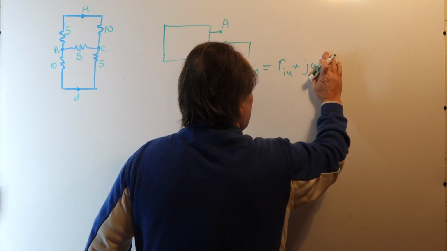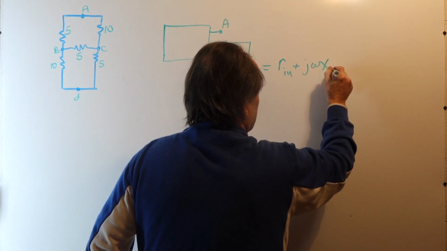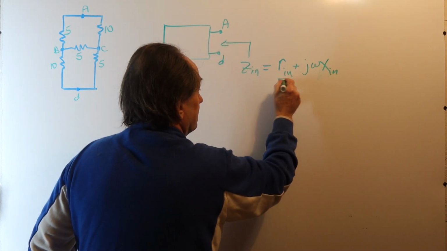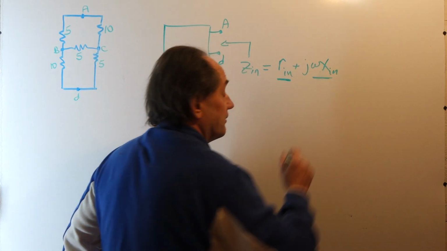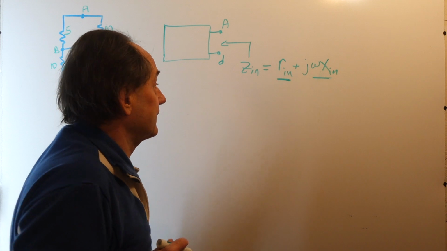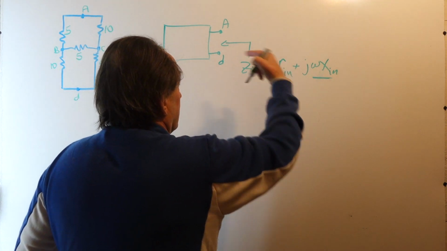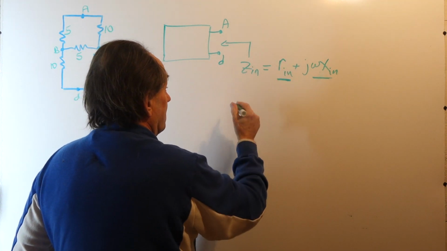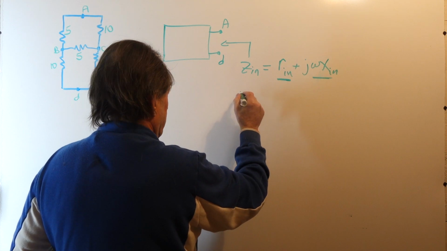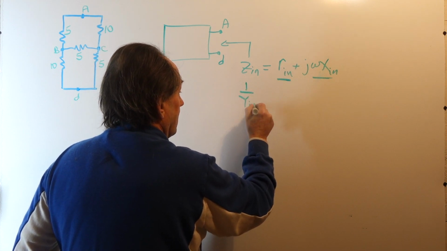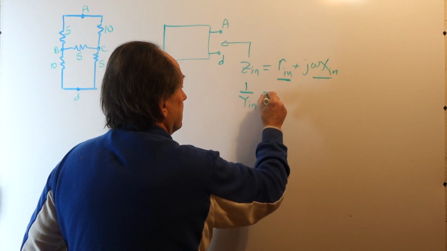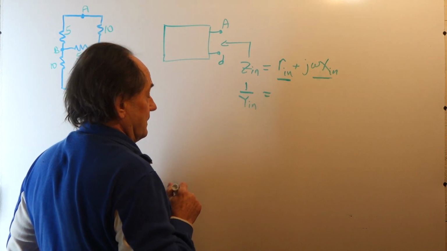I'll call this Xn. That is, there's a real part, which we call resistance, and there's an imaginary part, which we call reactance. We can also look at the reciprocal of this, 1 over Zn, which is Yn, the admittance.